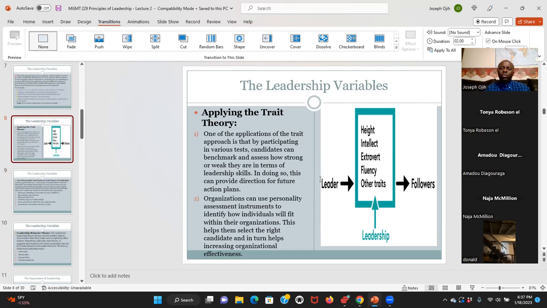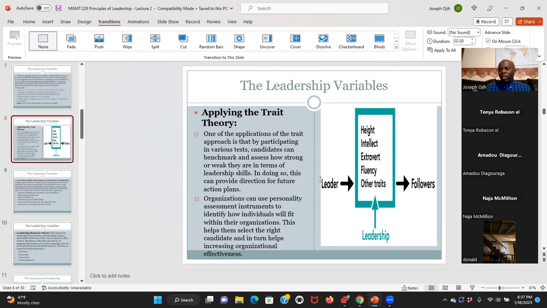When they interview you, there are certain skills that they need. During the interview, they're looking at your resume and other information they can gather about you, to see if you have the qualities they need, whether it is for a leadership position or any form of job.